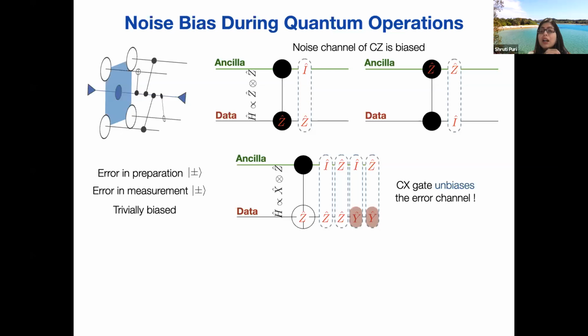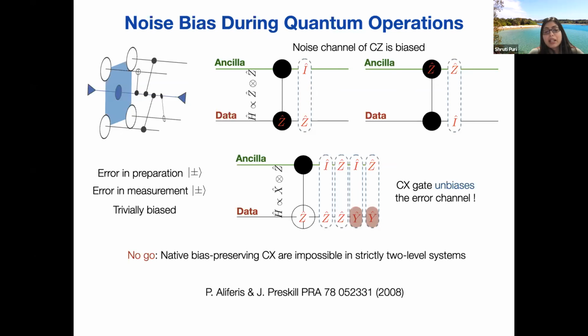So now the Y errors are sort of as likely as the Z errors, and so the noise channel is not biased anymore. So there was actually a no-go theorem, which was originally brought up in this paper by Aliferis and Preskill, which proposed that you cannot do a native bias preserving C-NOT gate, that is a C-NOT gate which has a biased noise channel.